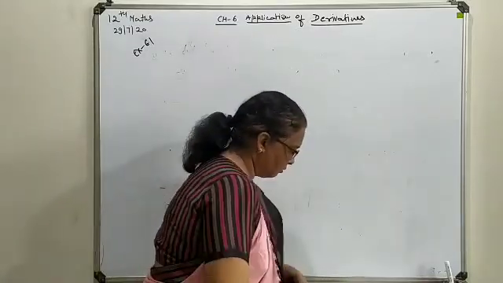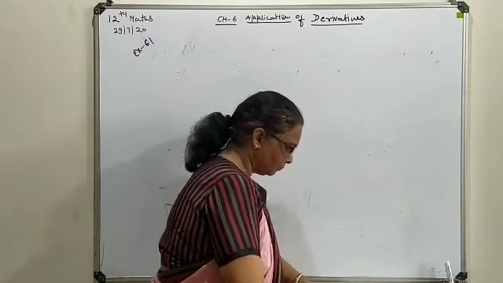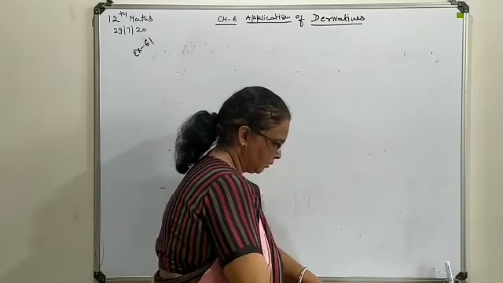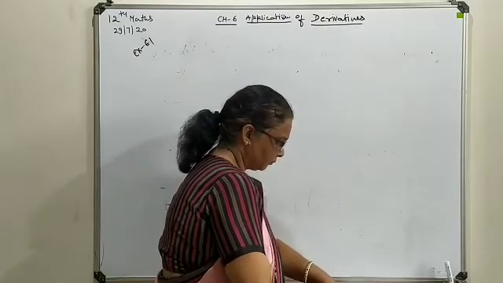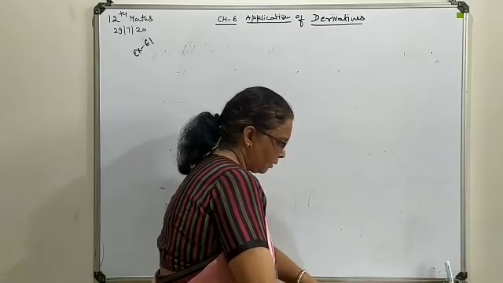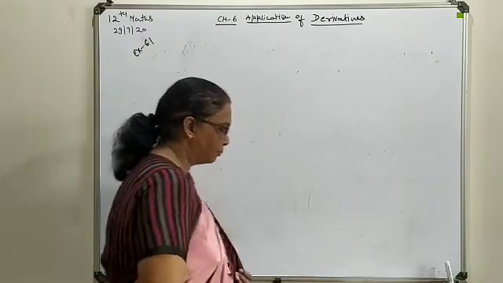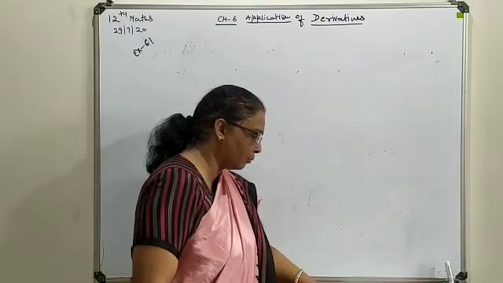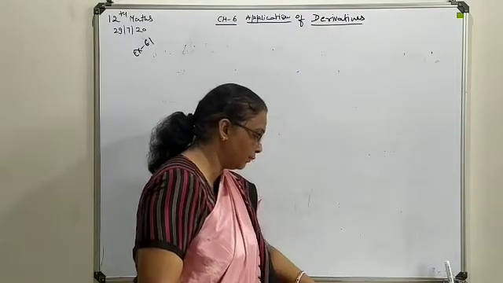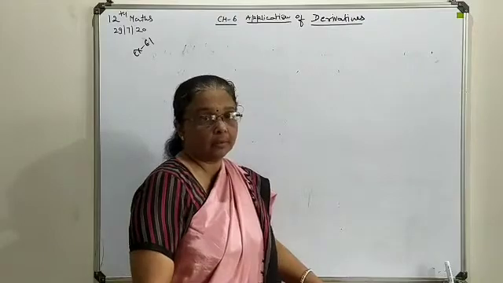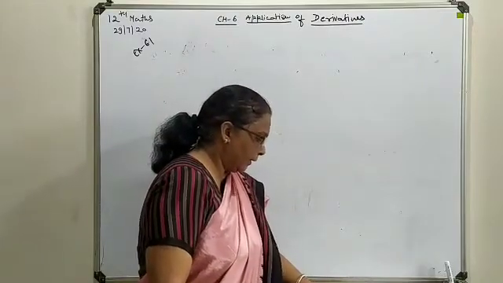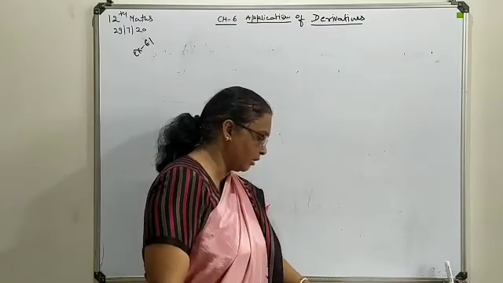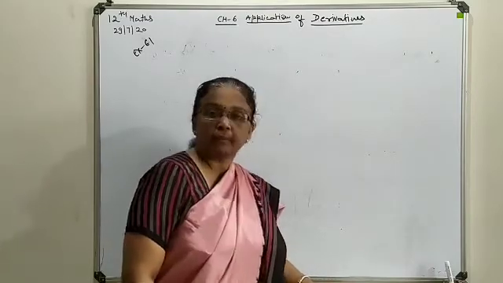Now the next question, question number 5: A stone is dropped into a quiet lake and waves move in a circle at the speed of 5 centimeter per second. At the instant when the radius of the circular wave is 8 centimeter, how fast is the enclosed area increasing?